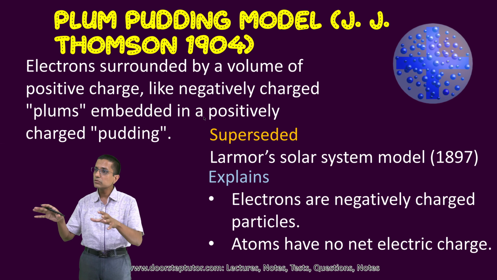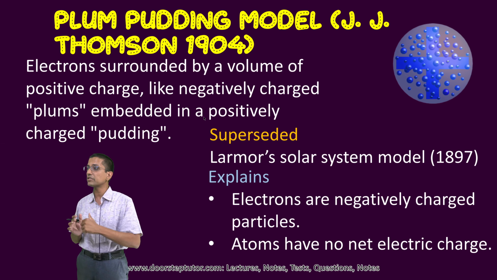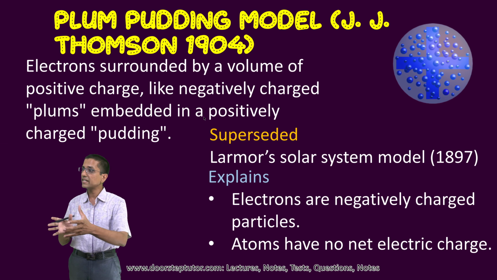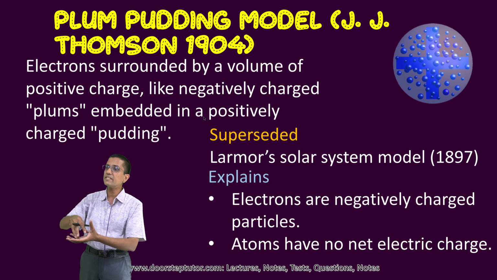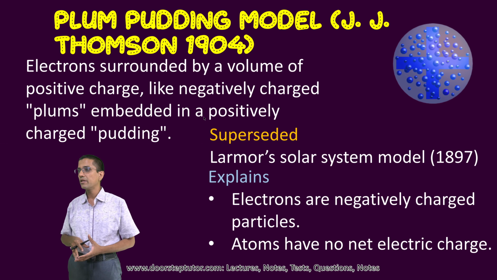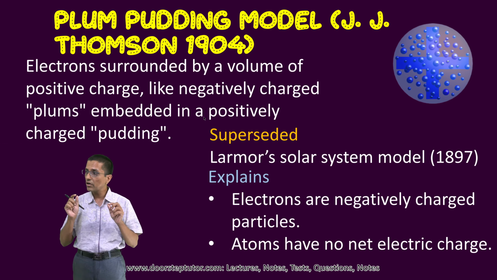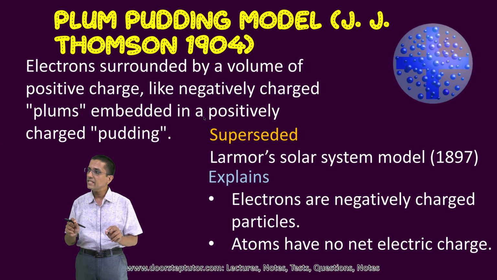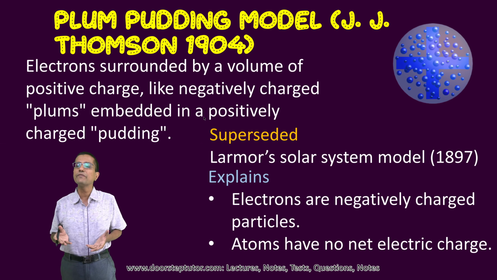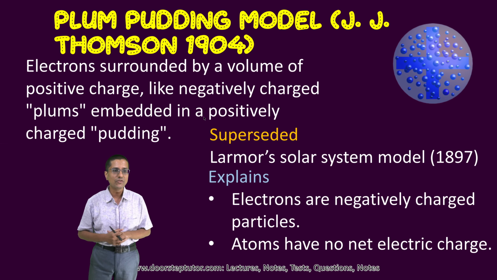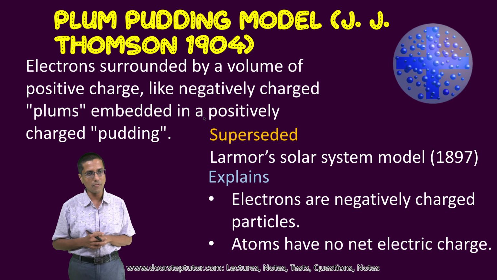And as it becomes slower, due to the attraction between the positively charged center and the negatively charged electron, it would collapse and fall into the center of the atom. So that was the biggest problem with Larmor's solar system model: it was not able to explain the stability of an atom. And of course, if atoms are not stable, we cannot really exist. So this was not a small drawback, it was a pretty large drawback.